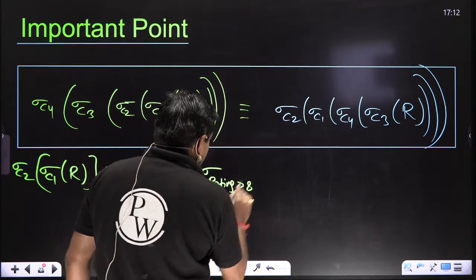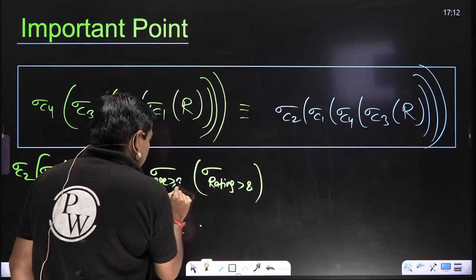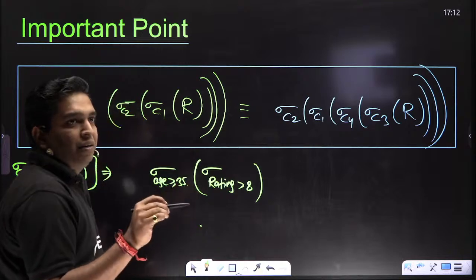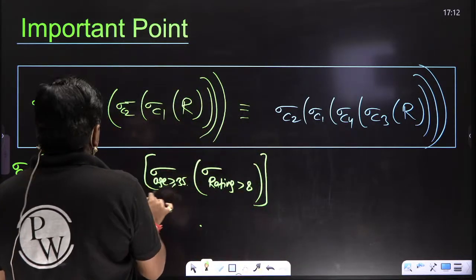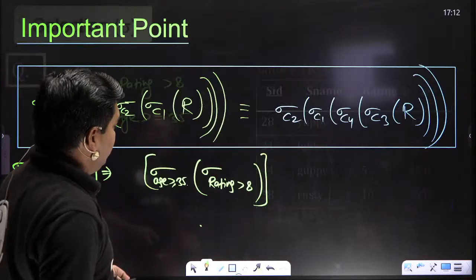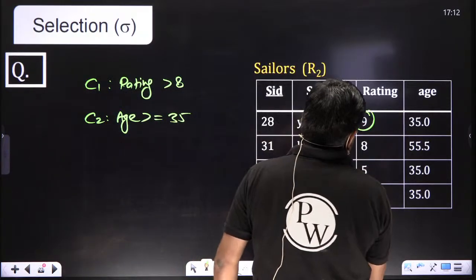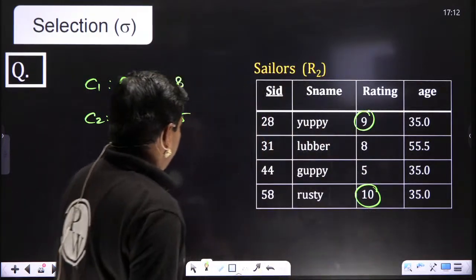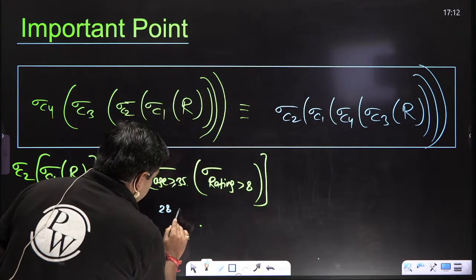Then I apply age is greater than or equal to 35. This is the LHS part. First C1, then C2. First C1 applies on rating. Rating greater than 8. How many tuples will you get? This one and this one. 28 UP.